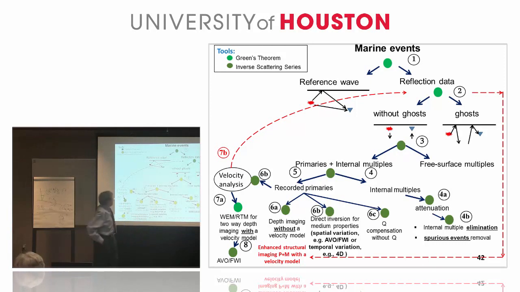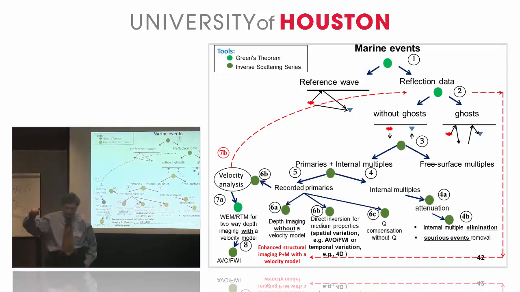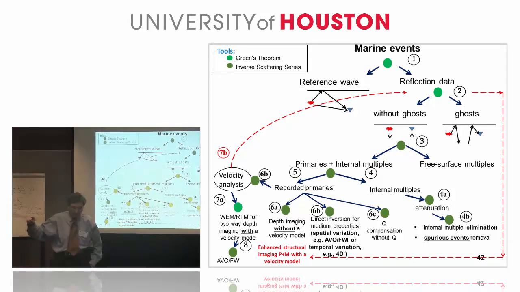So that line says, if you go through all this, get yourself some primaries, get a velocity, go back up there, and then use that velocity in the sense that I just said. If you want that multiple to give you an approximate image of the unrecorded primary, at least my understanding is, you need its velocity. You migrate the multiple with that velocity.